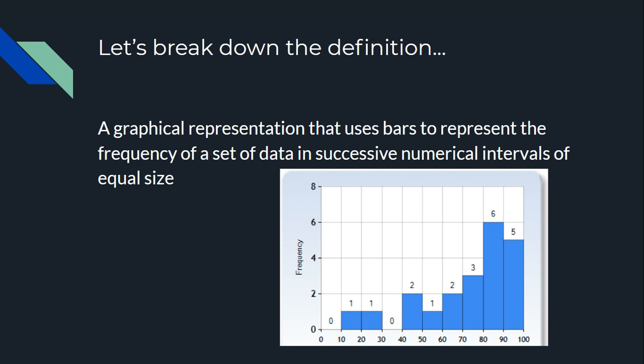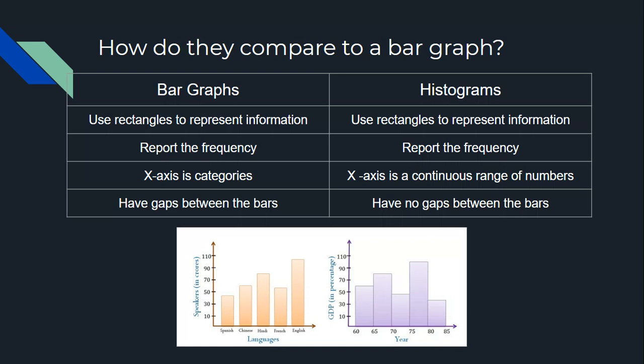So let's look a little bit deeper at how a histogram is similar and different to a bar graph. Both of them look very, very similar. They're both using rectangles to represent the information, and they're both reporting the frequency of whatever is graphed in that rectangle.